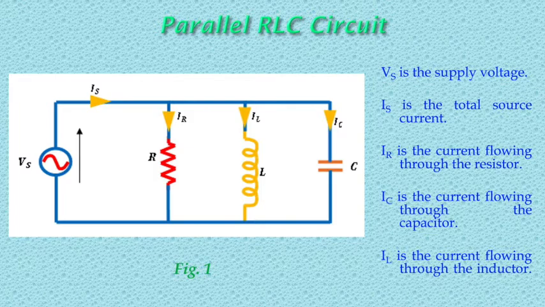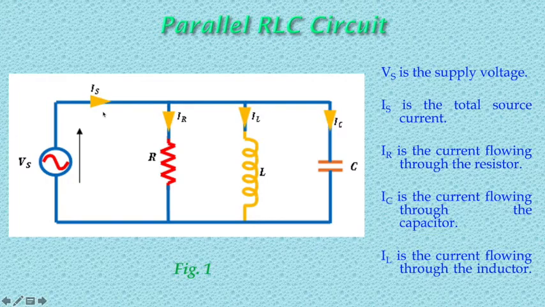The difference this time is that admittance is used instead of impedance. Consider the parallel circuit in figure 1. Here Vs is the supply voltage and Is is the total current.